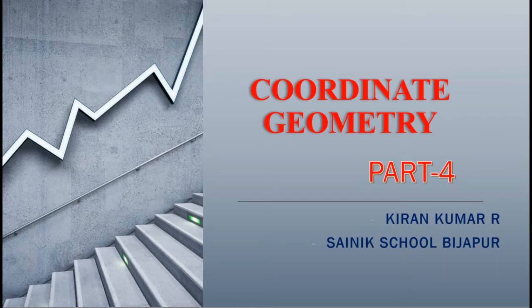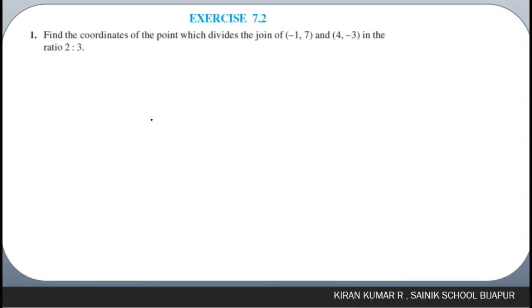The first question here is to find the coordinates of the point which divides the join of -1, 7 and 4, -3 in the ratio 2:3.